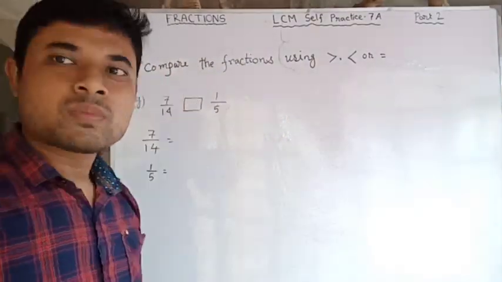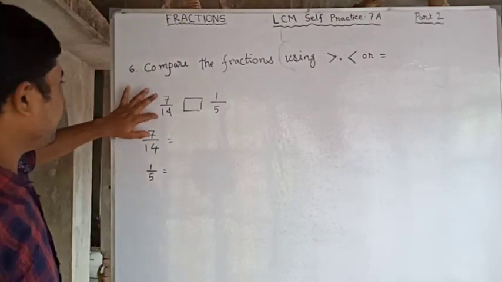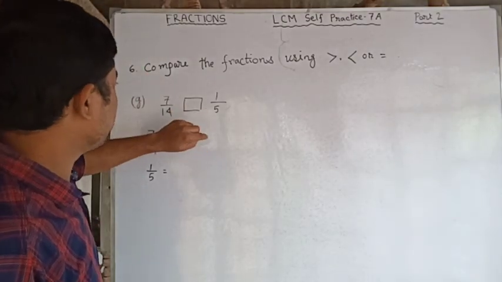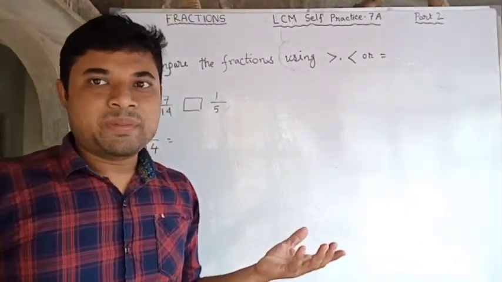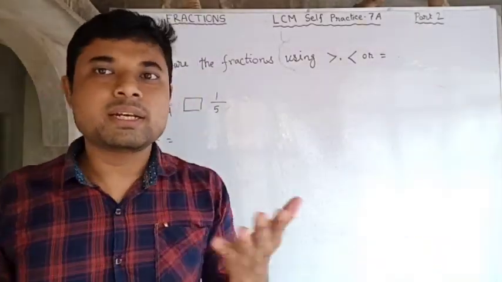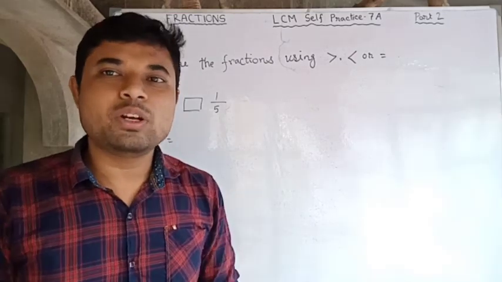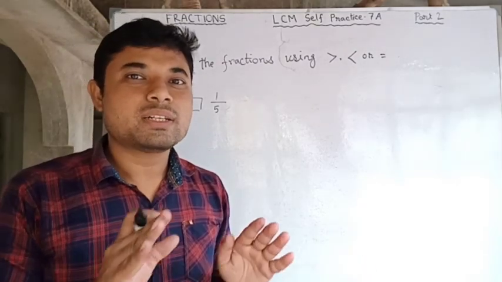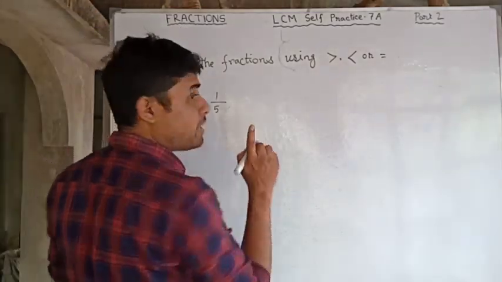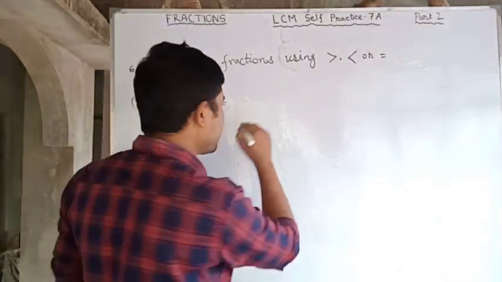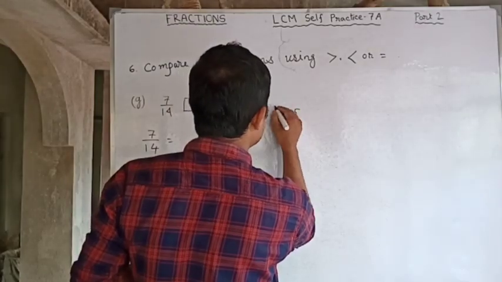Now, 7 by 14 and 1 by 5. Look here, the denominators and numerators are different, so what will we do? We will first find the LCM of the denominators, not the numerators. So 14 and 5.